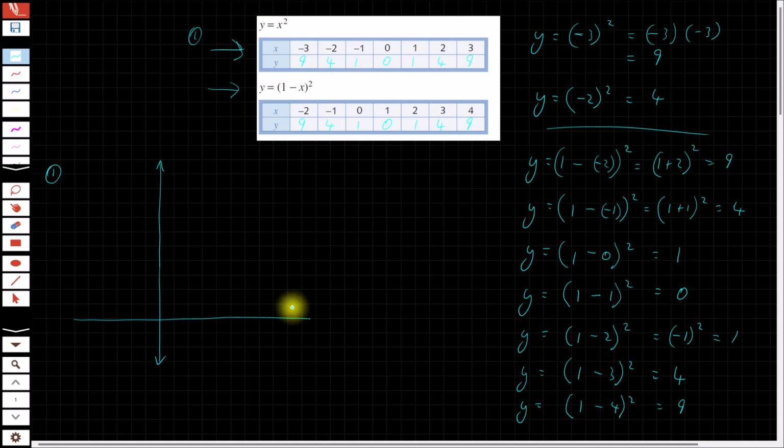Put arrows on the axes, label the axes, and let's mark the axes here with the numbers. So we go to -1, -2, -3.